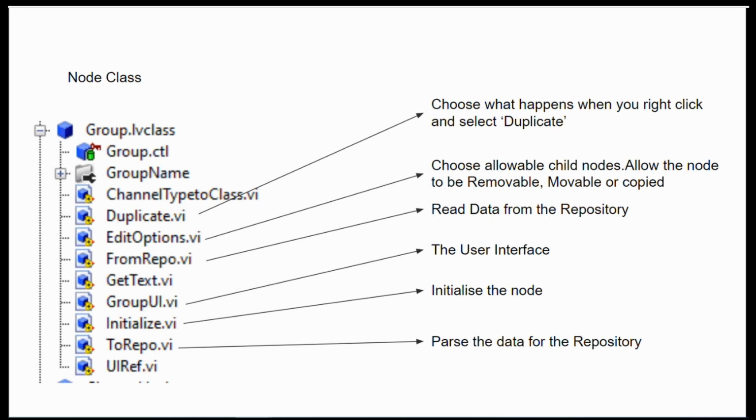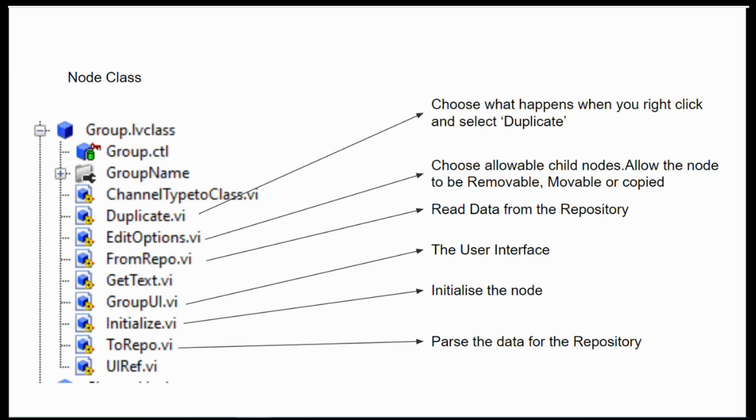So here I have shown some of the common methods that are implemented for a node. Duplicate is the method that chooses what happens when you right click and select duplicate. In the example that I showed, it adds the suffix copy.